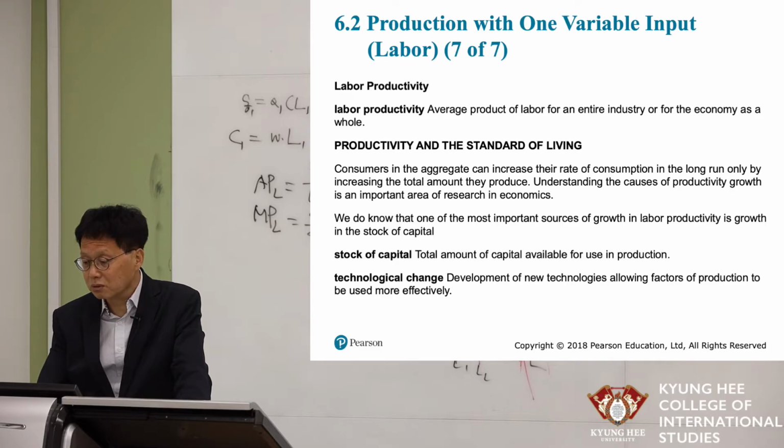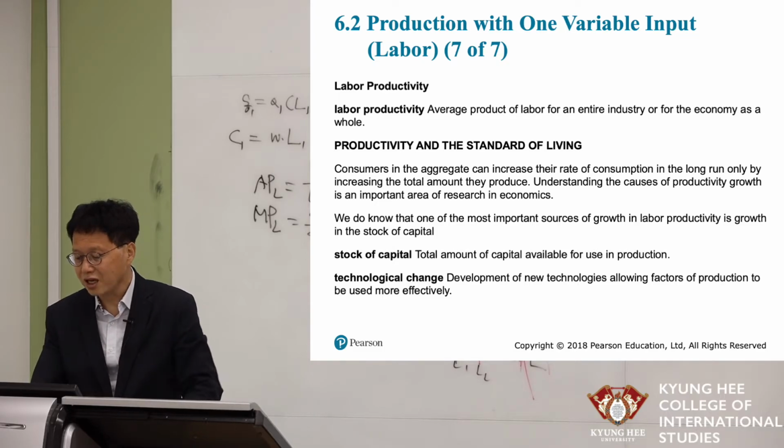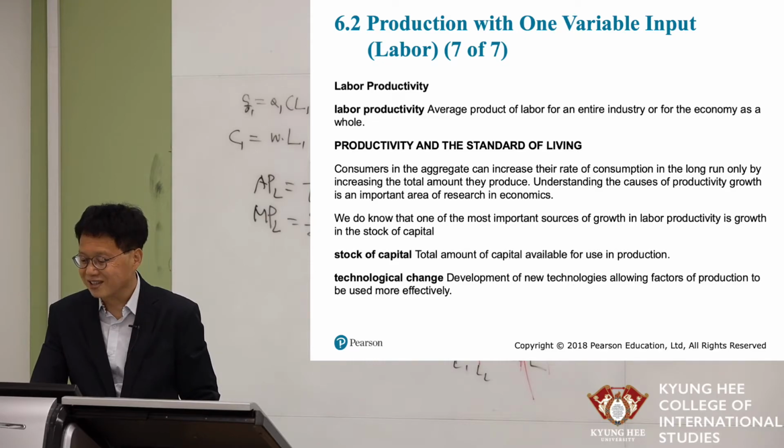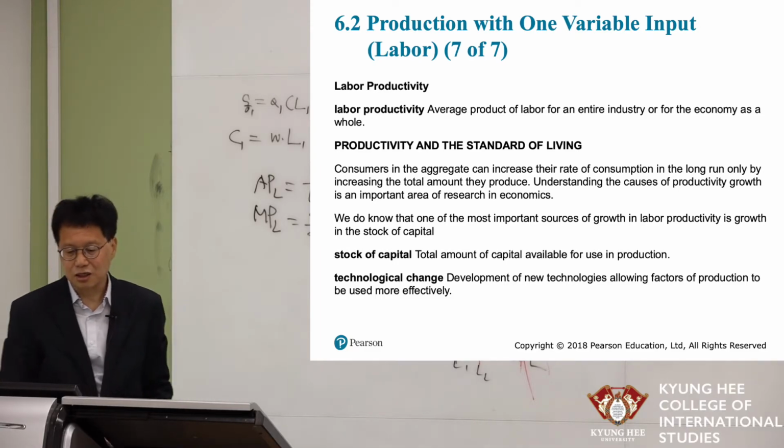But lots of people think only of increasing consumption, but that should be accompanied by increasing production. Understanding the causes of productivity growth is an important area of research in economics. We do know that one of the most important sources of growth in labor productivity is the stock of capital. I'd like to explain these things a little later.